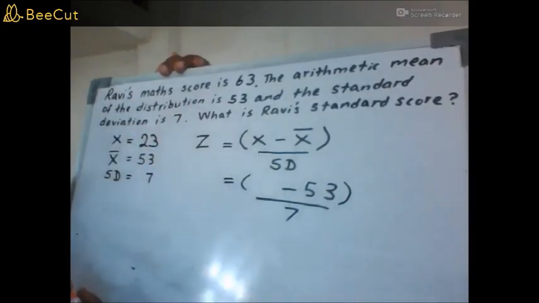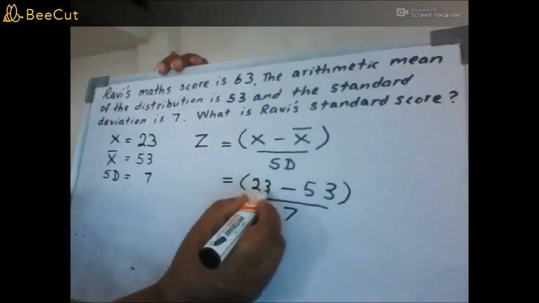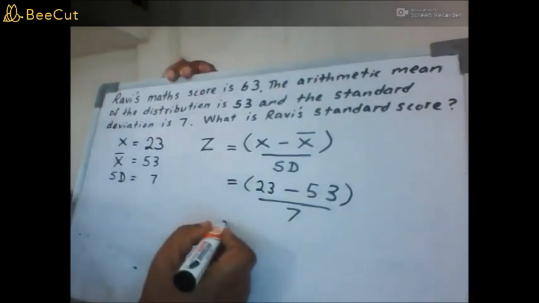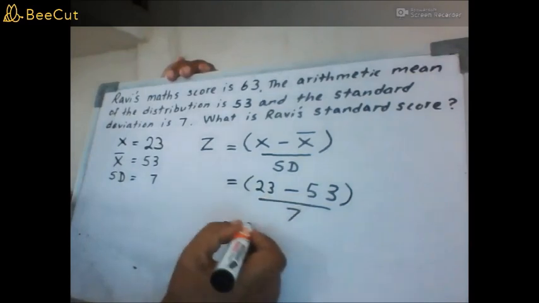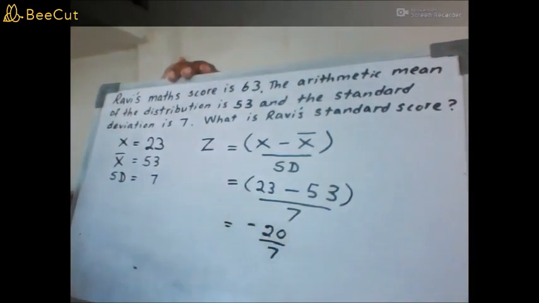Write the formula: x is 23, minus 53, divided by 7. That is minus 20 divided by 7. Don't forget the minus value.